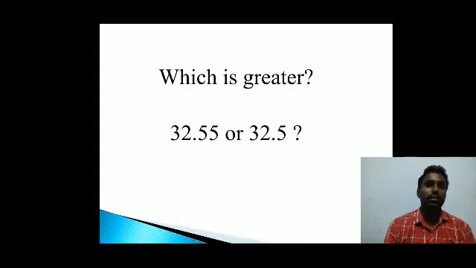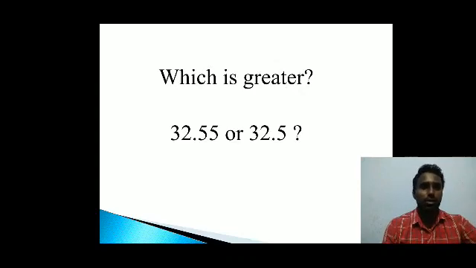Shall we go to the next problem? Which is greater, 32.55 or 32.5? Looking at the problem, after the decimal point in the first sum, 32.55, two digits are present, 5 and 5. But in 32.5, only one digit is present.